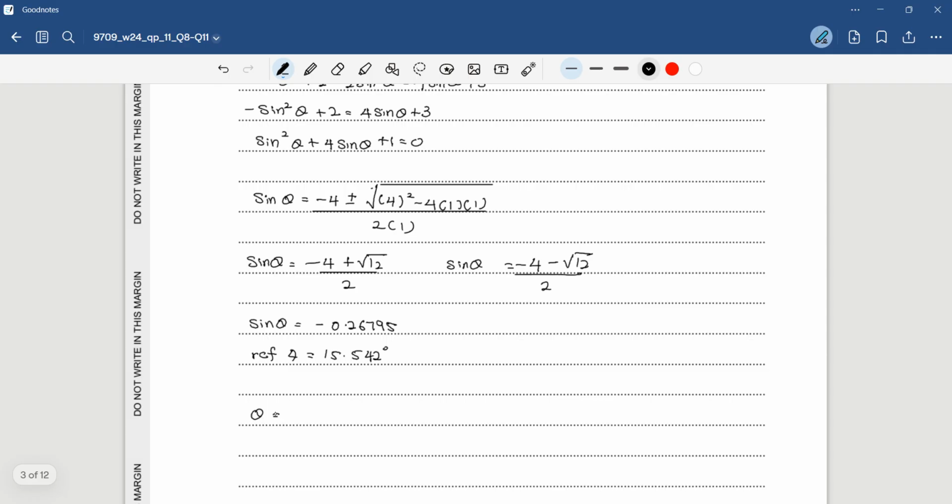Therefore, theta will be 180 plus 15.542 for the third quadrant, and 360 minus 15.542 for the fourth quadrant. Therefore, theta will be 195.5 degrees and 344.5 degrees.